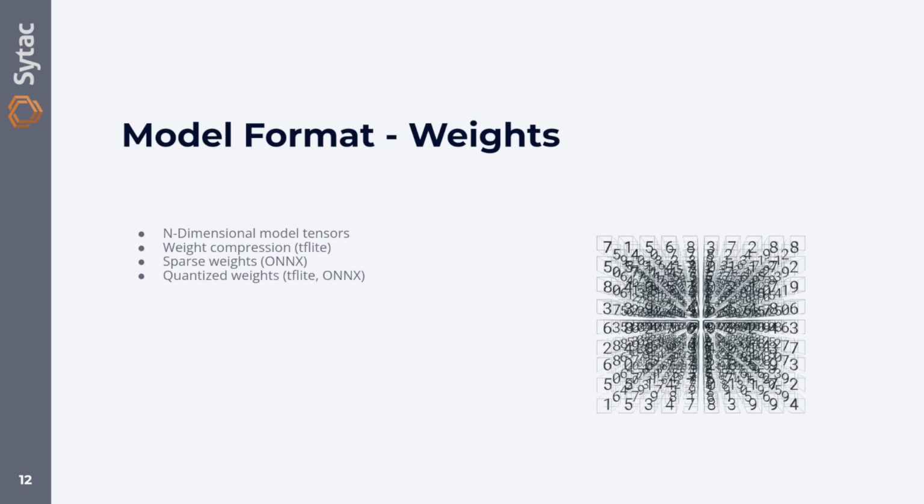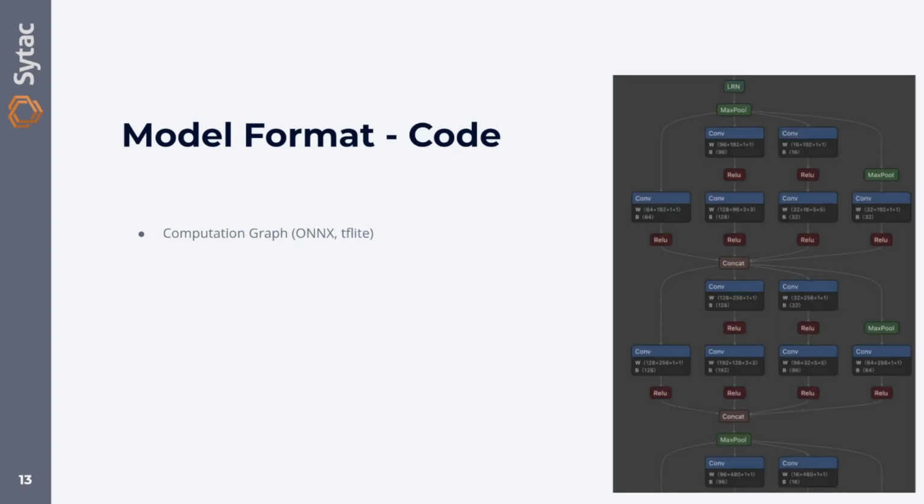What you only need is linear algebra, and they're basically just multi-dimensional arrays. You can have a bit of weight compression or quantization supported in these formats. Sometimes you can have sparse weights. We'll talk a little more about that later. Or you can quantize the weights. And it depends a little on the model format exactly what is supported.